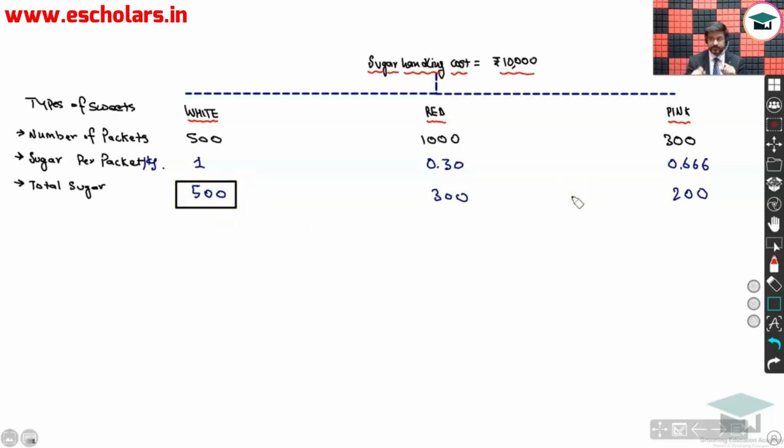Now another question. This is very important. So we know that out of these three sweets, sweet white is consuming maximum sugar. Now tell me, out of these three sweets, which sweet should have the highest sugar handling cost?